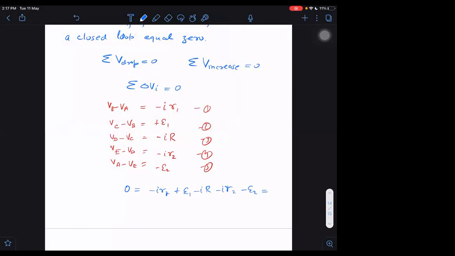So this is the equation. From this equation, we get E1 minus E2 is equal to I into R1 plus R2 plus capital R.